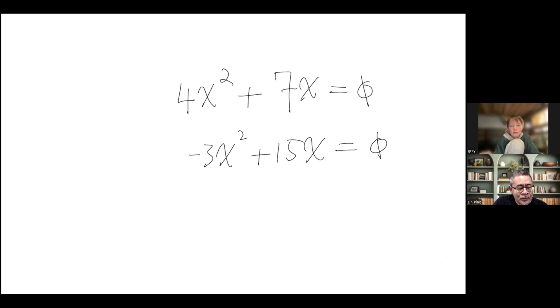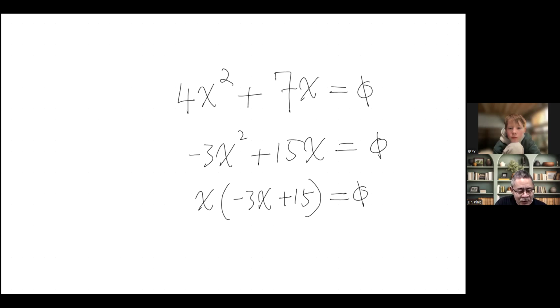Well, let's see. You made a mistake there. Well, let's see. We got x out. We have negative 3x plus 15. That equals to 0. Of course, we know that either x equal to 0 or negative 3x plus 15 is equal to 0. That gives us negative 3x equal to minus 15.